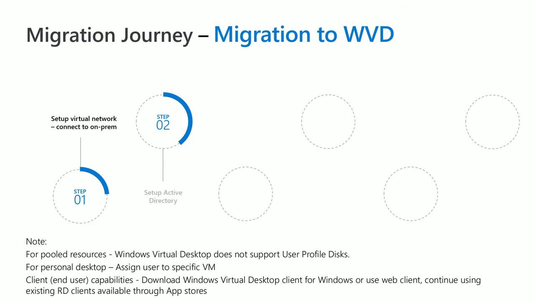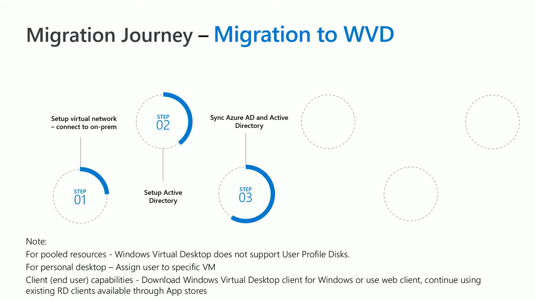So once that's done, you have got the second and the third step, which can be done interchangeably. You would need a local domain controller set up in your virtual network, and you would need to sync your user identities and password hashes to Azure Active Directory. Whether you do the synchronization first and then set up a domain controller or vice versa, it doesn't matter.